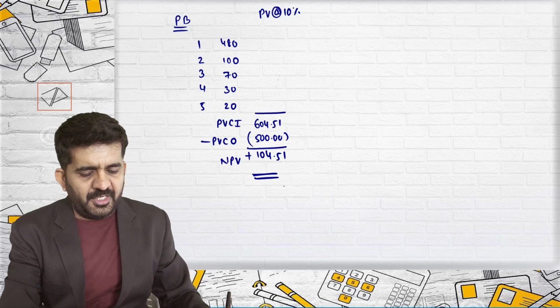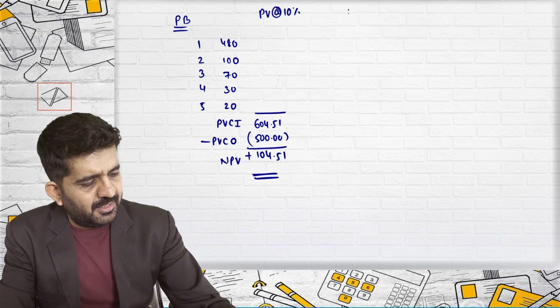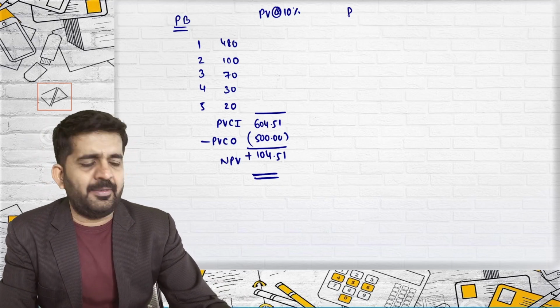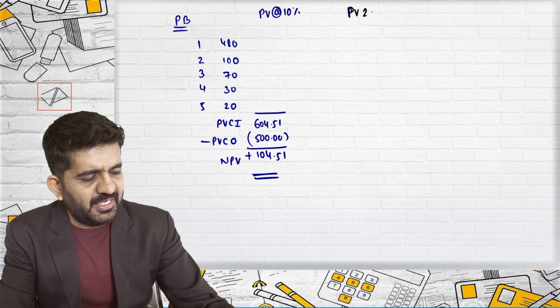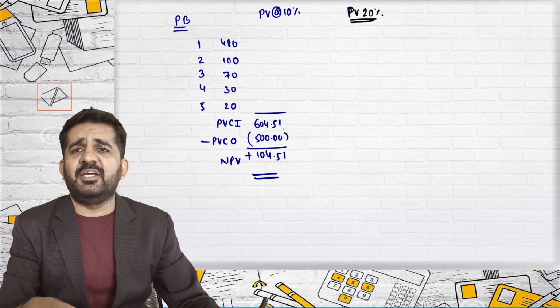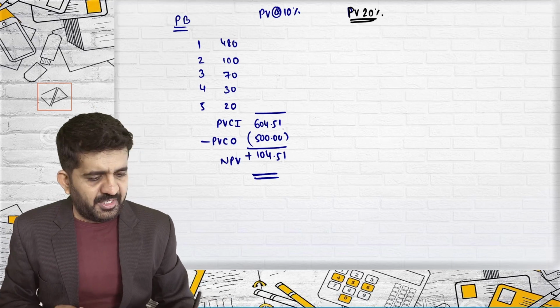I need to also find out IRR. So finding out IRR, I know it is earning more than 10%. I will directly try it at 20% because in the question there is a hint given that you directly try out at 20%.